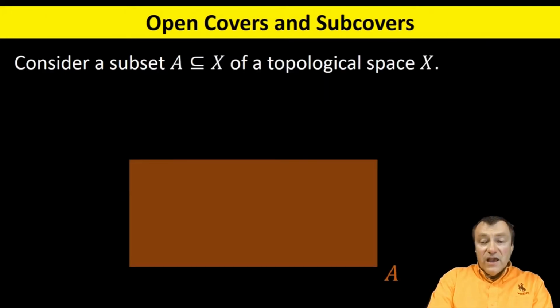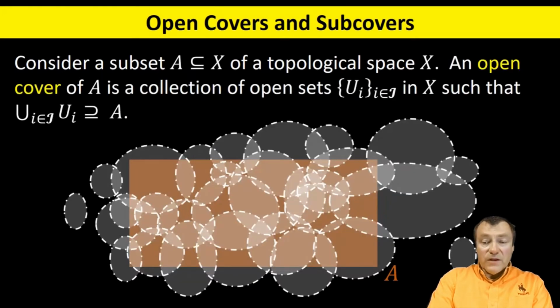Consider a subset A of a topological space X. As explained in our previous video, we can think of A as a topological space in its own right with a subspace topology. An open cover of A is a collection of open sets, U_i, whose union contains A as a subset.